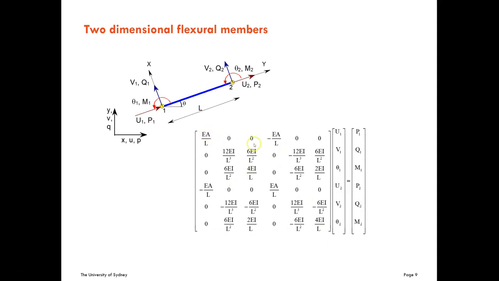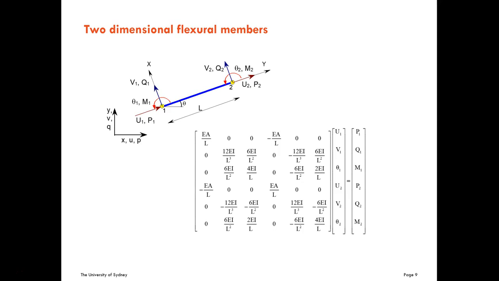Here you can see the components of the bar, and here you can find the components of the beam. So this is the flexural members in 2 dimensions. It is going to have 6 degrees of freedom, 3 for each node.